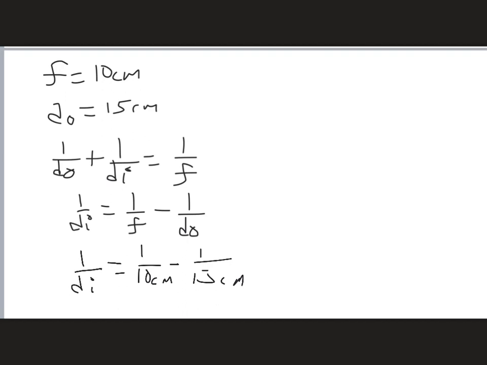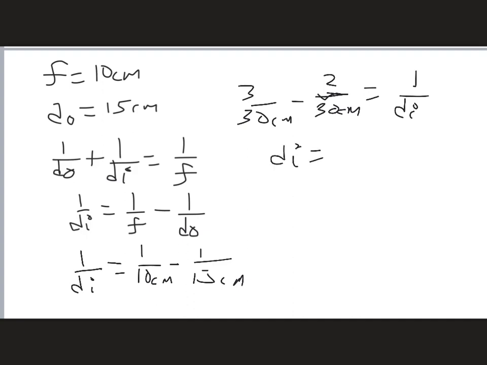And so that's going to be 3 over 30 centimeters minus 2 over 30 centimeters, and that's equal to 1 over the image distance, and that's going to be 1 over 30. And when we solve that for the image distance, we get that the image distance is just going to be 30 centimeters. And that's where it will be located.